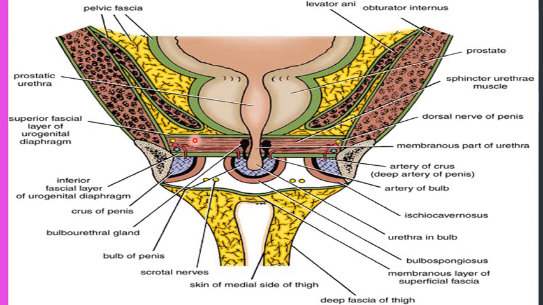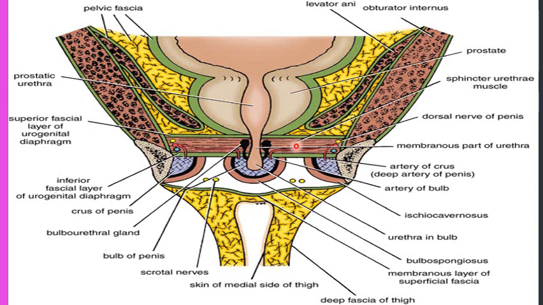If you look into the deep perineal pouch, you can see its contents. Number one, very easily you can see the urethra passing through the deep pouch. This is the membranous part of the urethra, traversing the deep perineal pouch.